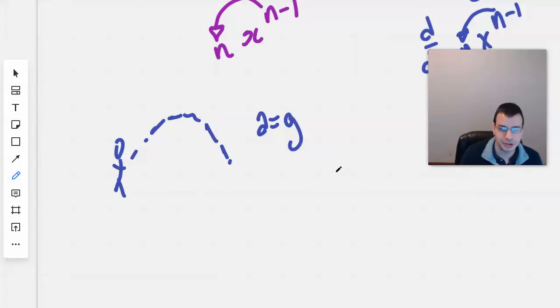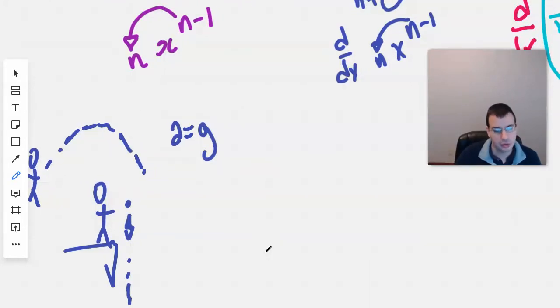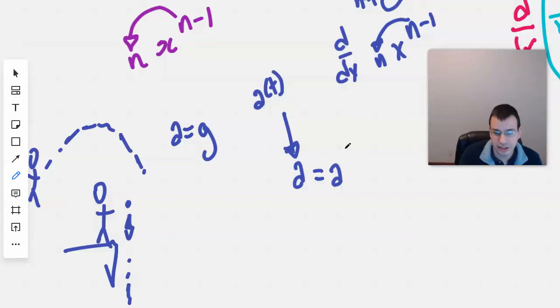In this case, it's almost always going to be g, gravity. So we're going to start with a slightly simpler example where some guy is standing on a cliff and he has a ball and he drops it straight down. Alright, so we're going to start with the acceleration, which equals a constant. We're just going to call it a. These are actually kind of different. So this is a of t.